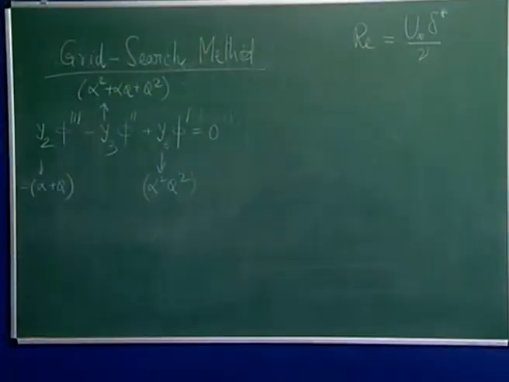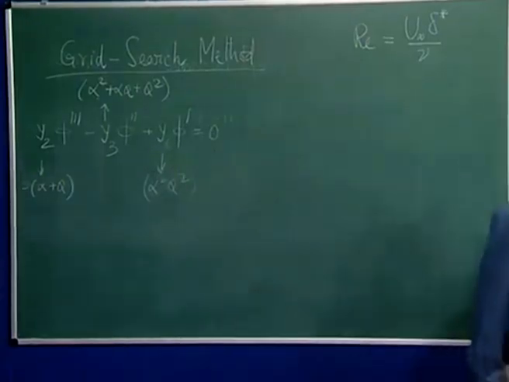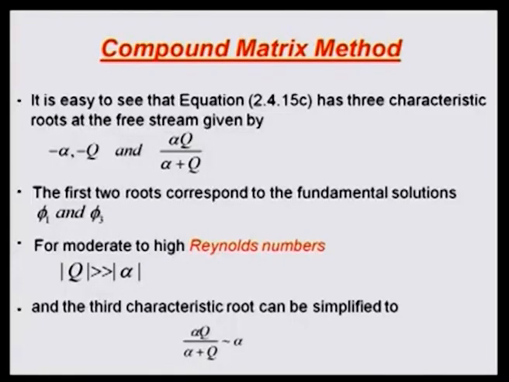So, it will have 3 modes. But the good news is, this starts off with the first derivative. So, one of the modes is a neutral mode, e to the power 0, right. So, we can go there and work out all these 3 modes.